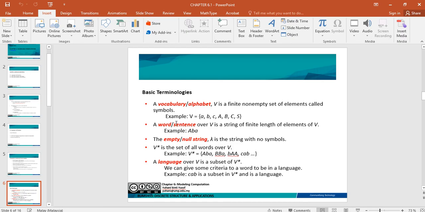Usually the words that we get are from the rule, from the grammar, but this one can generate any collection of words from the vocabulary. A language over V is a subset of V star. V star is infinite, so a language is restricted to some rule. For example, we just choose CAB, the small letters CAB, as a subset of this one.